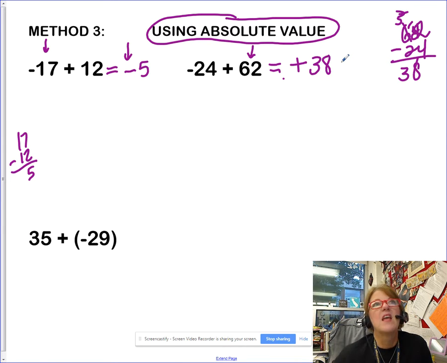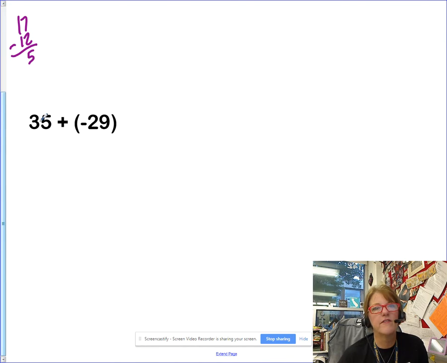Mainly because it would be a real pain to try and make a number line long enough to go to -24 and then +62, or to lay out 24 negative counters and 62 positive counters. Holy cow. So this way we think of the absolute value of the numbers, because that tells you kind of their strength or their power. 35 and -29.